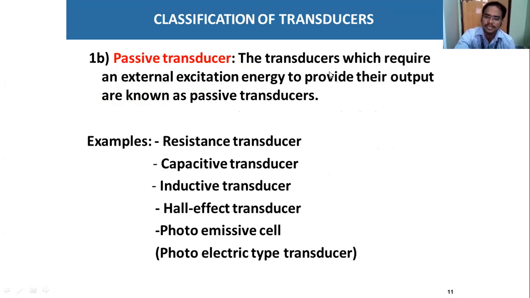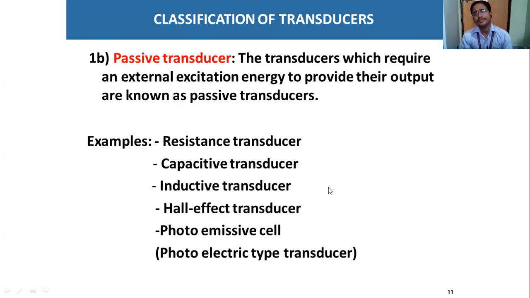Passive transducers are the transducers which require an external excitation energy to provide their output. One example is inductive transducers. In inductive transducers, we have the LVDT, linear variable differential transformer. In that case, what happens?